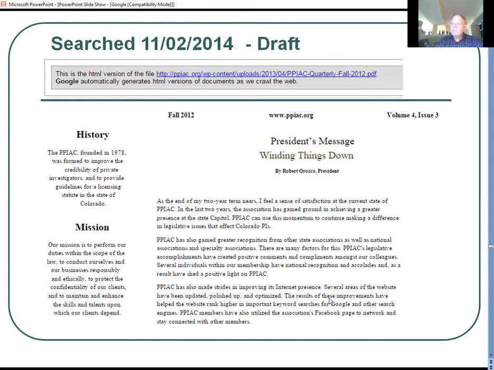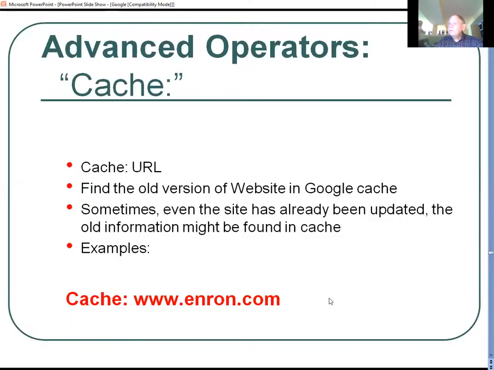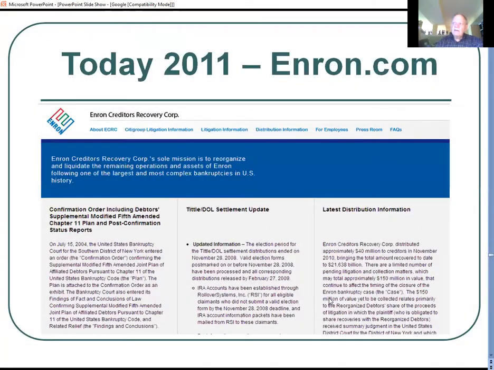Another example is a little company called Enron, www.enron.com, and we'll search cache again. The cache says in 2011, this was the website. It said Enron Creditors Recovery Corporation. It talked about the bankruptcy that they had filed, where people could get information.